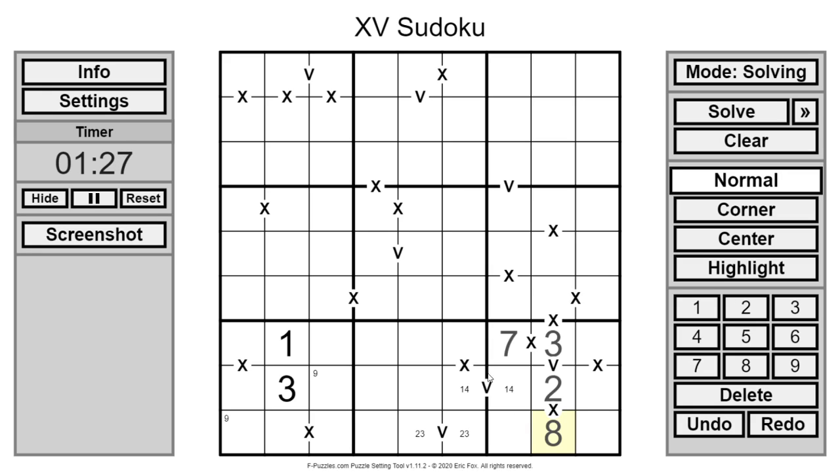Let's see, we got this 1-4 pair. Means that's either 9 or 6. What do we know about this? It's either 1-9 or 4-6. This 3 is connected by another X, so that's a 7.